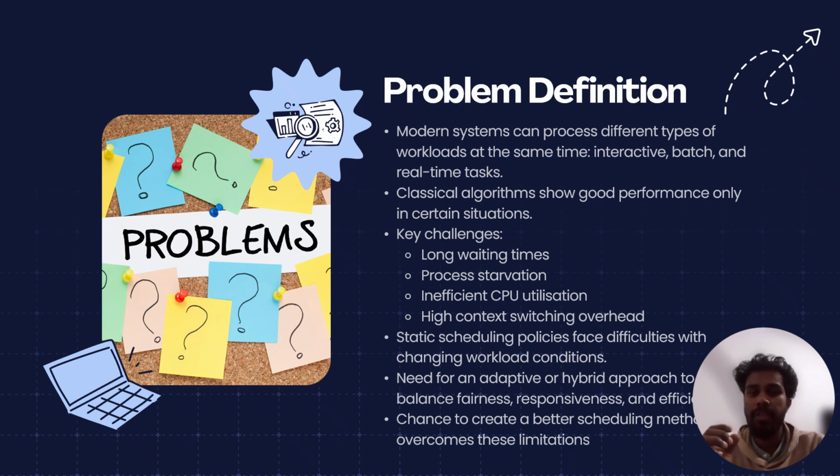Round robin depends heavily on a fixed time quantum, and priority scheduling risks starvation without aging, as modern systems handle mixed interactive and batch processes. Static policies fail to adapt effectively. Therefore, a hybrid adaptive scheduling approach is needed to improve fairness and responsiveness.